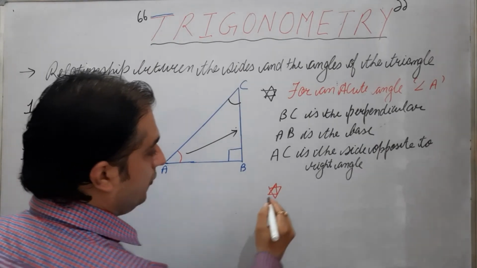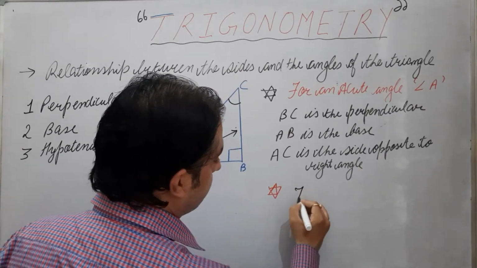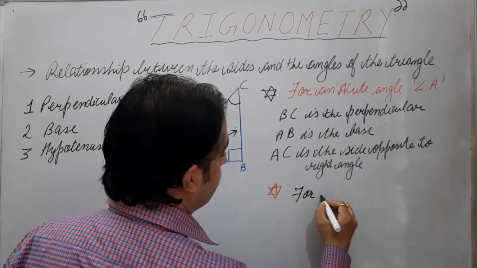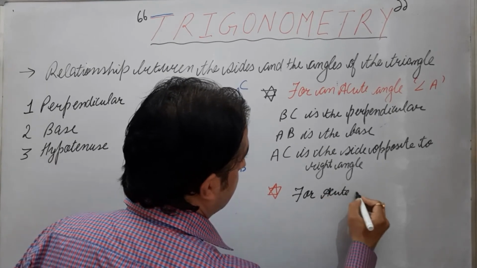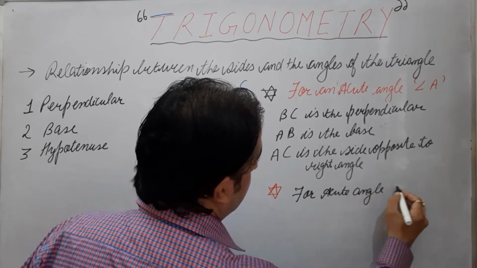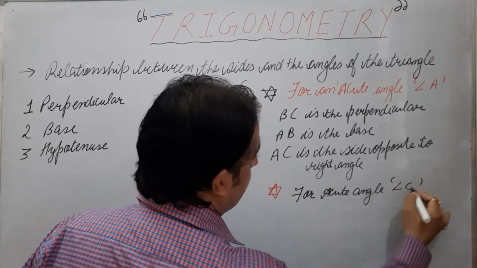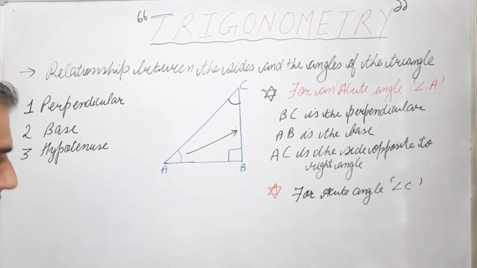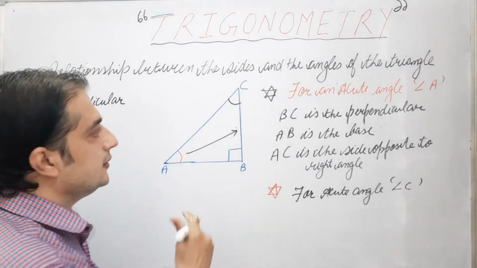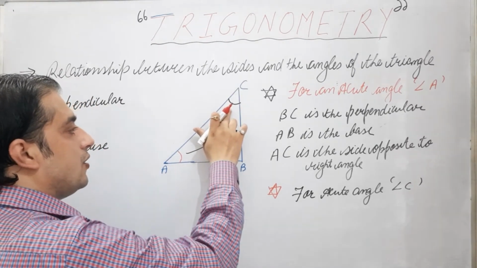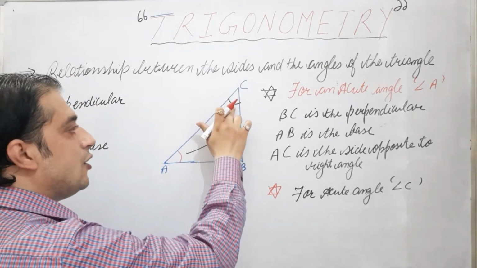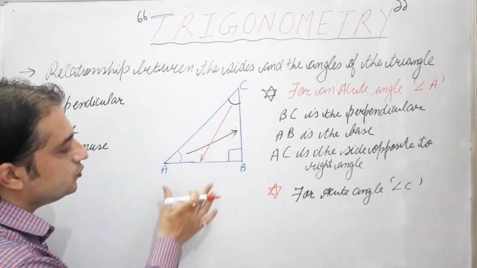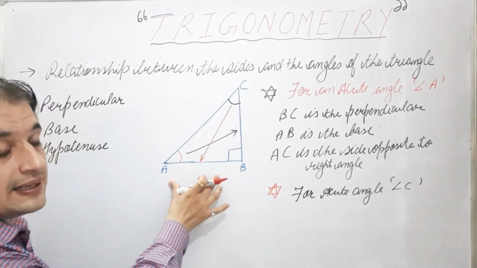Right. For acute angle, that is angle C. Now I am considering the angle C. Right. So students, now this is my angle of reference. Now the side opposite to angle C, that is AB.